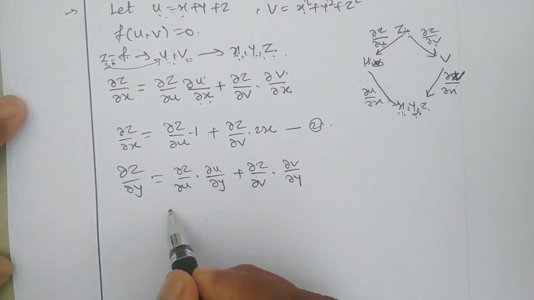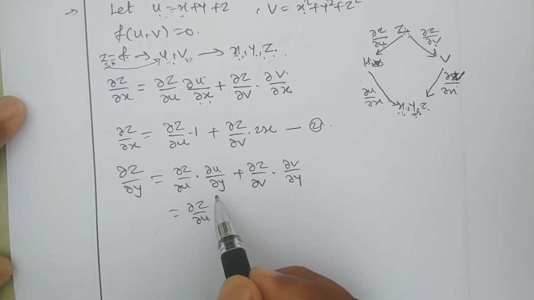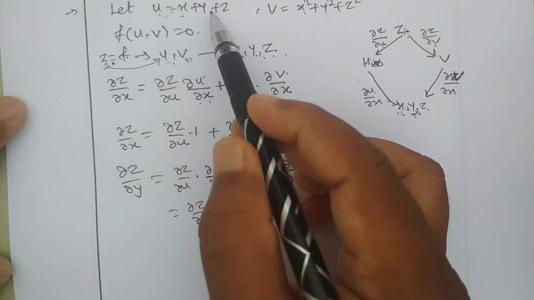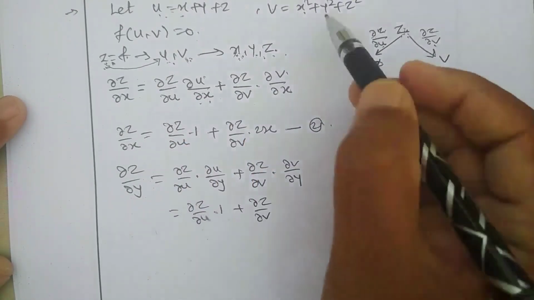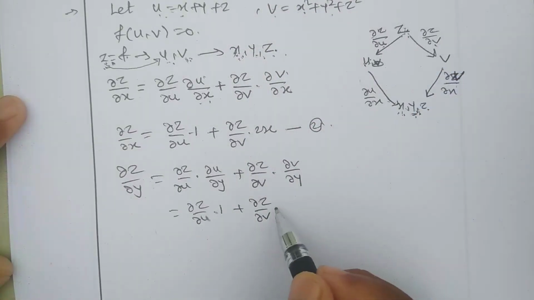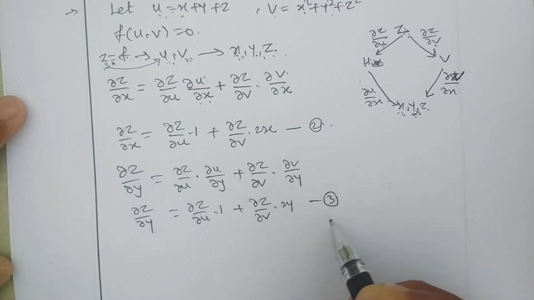So we will get ∂z/∂u as it is, and ∂u/∂y, the derivative of u with respect to y, is 1, plus ∂z/∂v, and ∂v/∂y is 2y. So call this equation number 3.